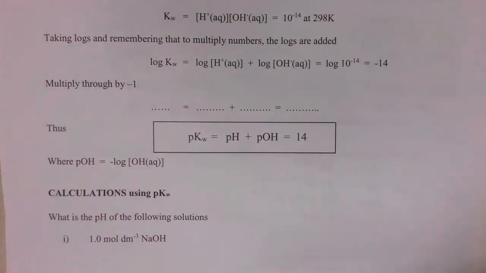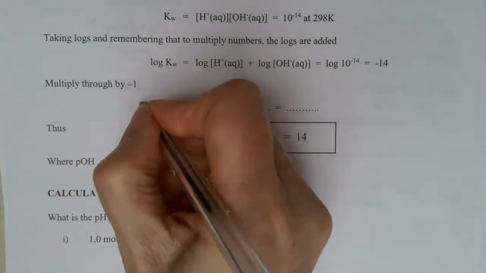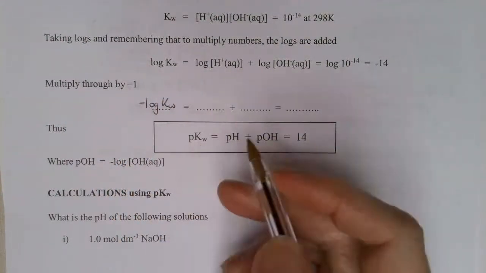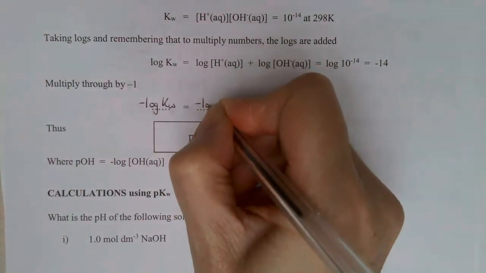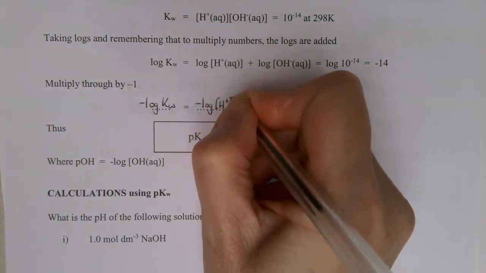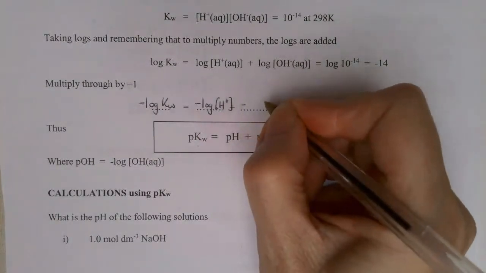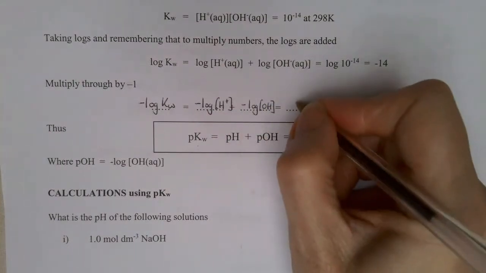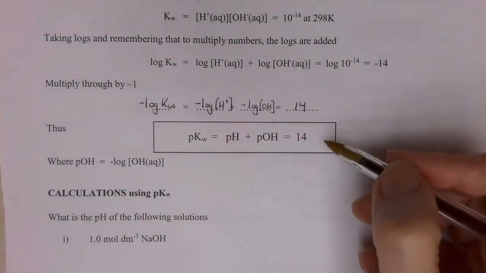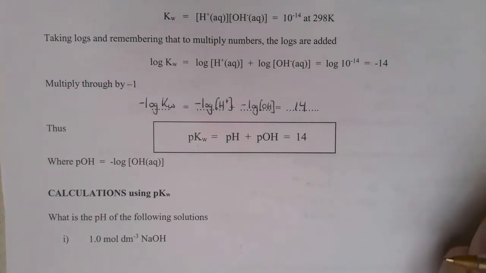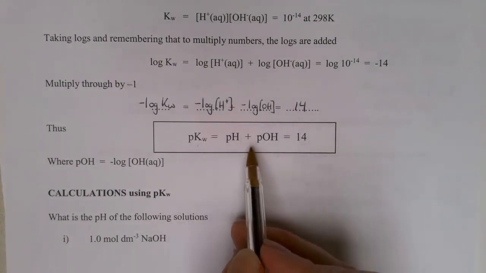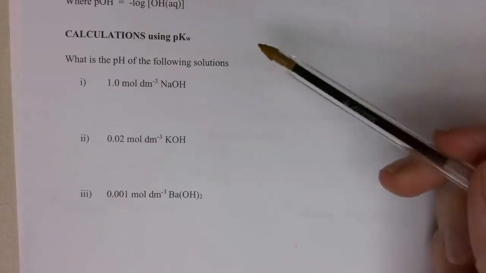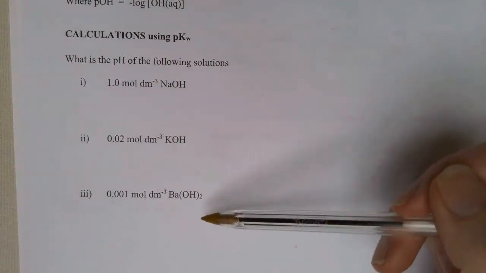Now if we multiply it through by minus 1, we get minus log to the base 10 of Kw, which is pKw, equal to minus log of the hydrogen ions, in other words pH, plus minus log concentration of OH negatives, equals 14. So we have another way that we can use Kw. So pKw is the pH plus the pOH, and that equals 14. So we can use either that expression or the expression on the previous page.